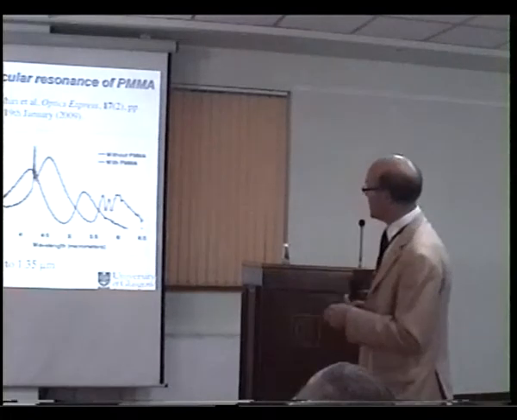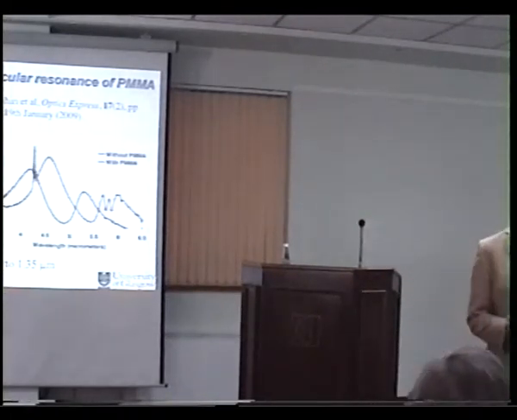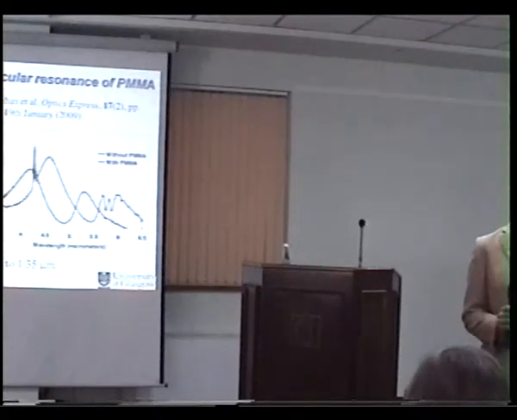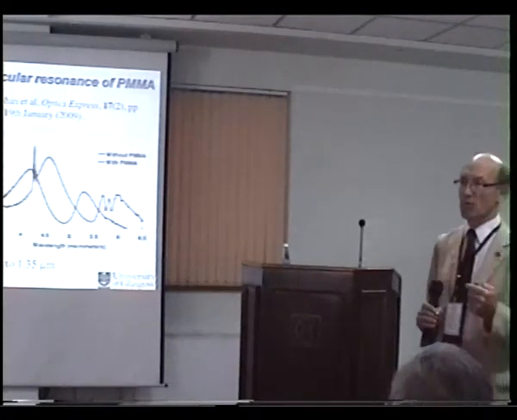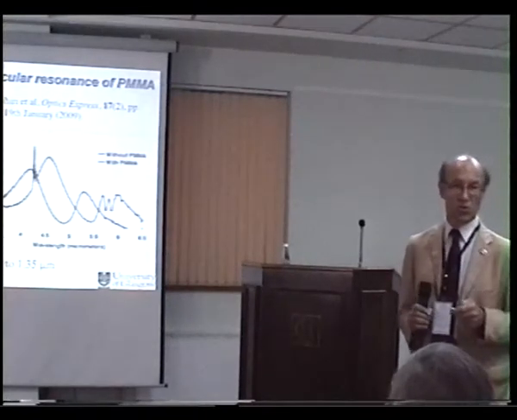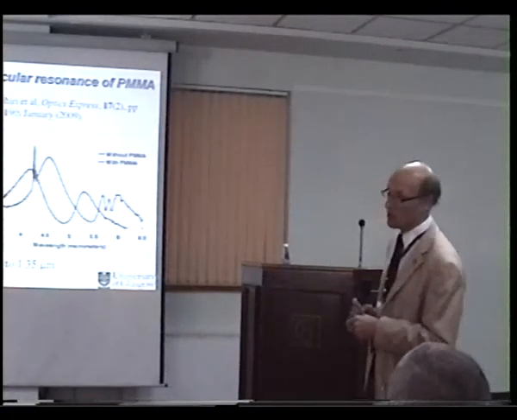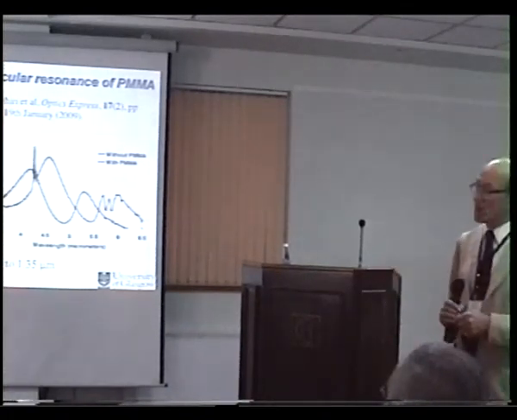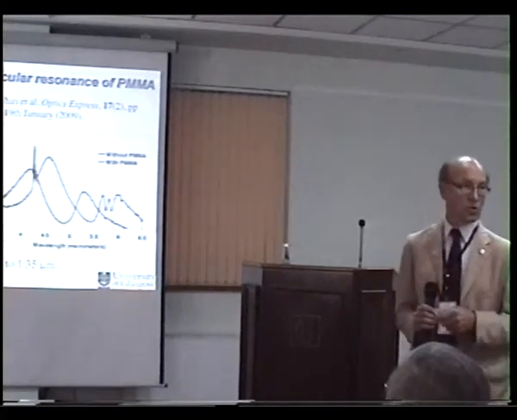So this feature here is due to the resonance of one particular component of the molecule of polymethyl methacrylate. It is the carbonyl bond resonance. There are other features in here which come from other parts of the molecular spectrum. This is characteristic of the particular compound that we're looking at.